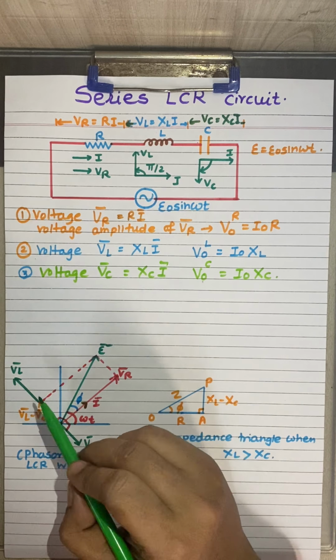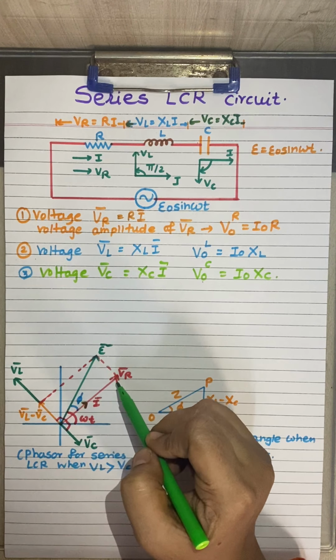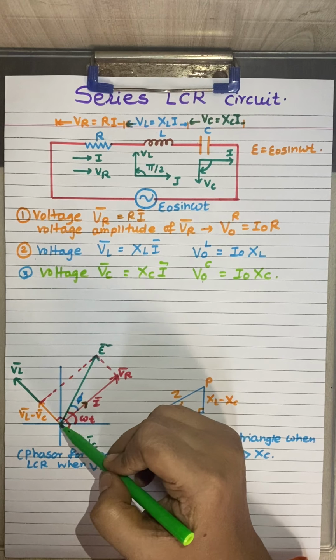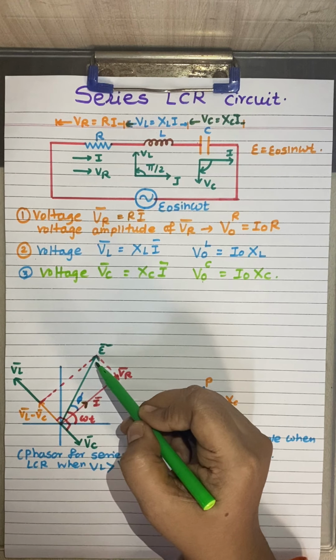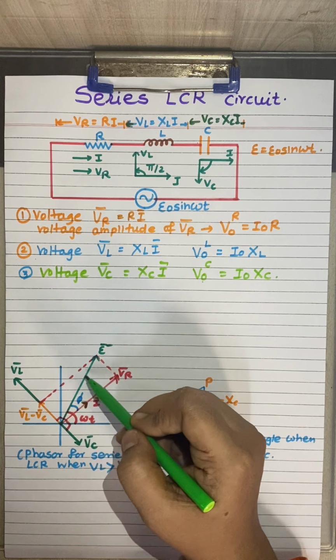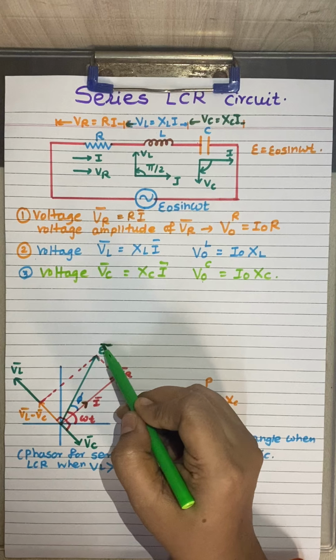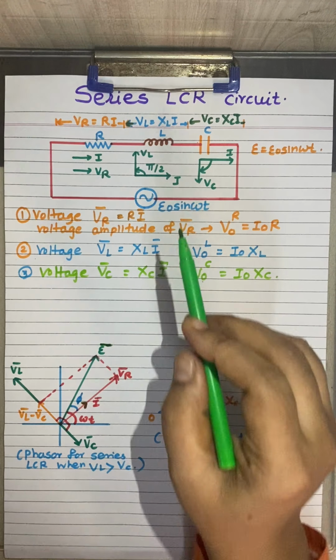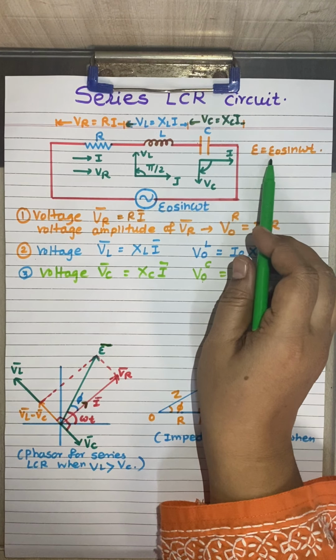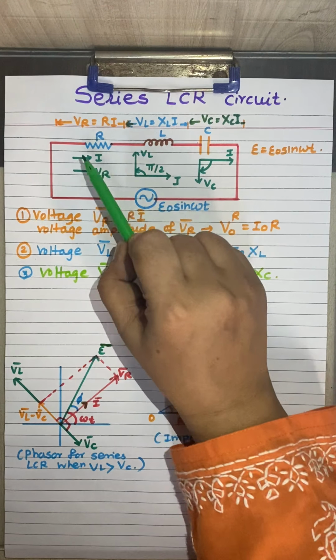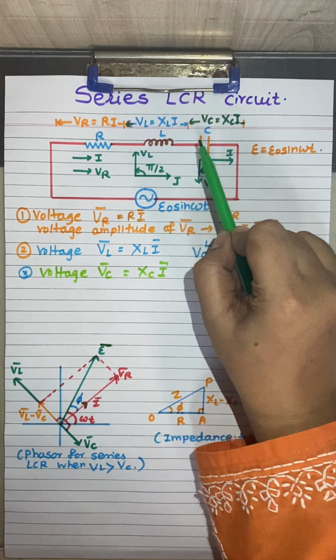Then we are going to complete a parallelogram. The diagonal of the parallelogram, the resultant, must be equal to the applied EMF, because we have applied the EMF E equal to E naught sine omega t, and that EMF is distributed across R, across L, and across C.